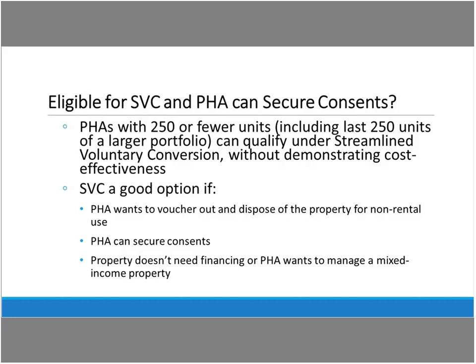And to the extent to which folks wouldn't give you that authority, if you have your own housing choice voucher program and you want to preserve that building and you have an ability to backfill those units occupied by residents that did not provide consent, it could also be a good option. So again, I like streamlined voluntary conversion as a tool, and I think you need to fit into a smaller box in order for that one really to work as a preservation tool.